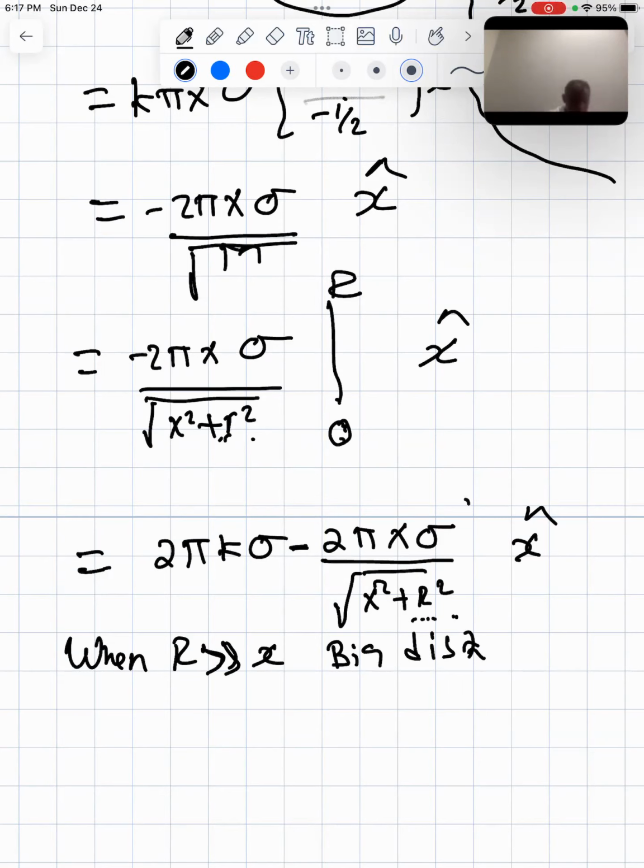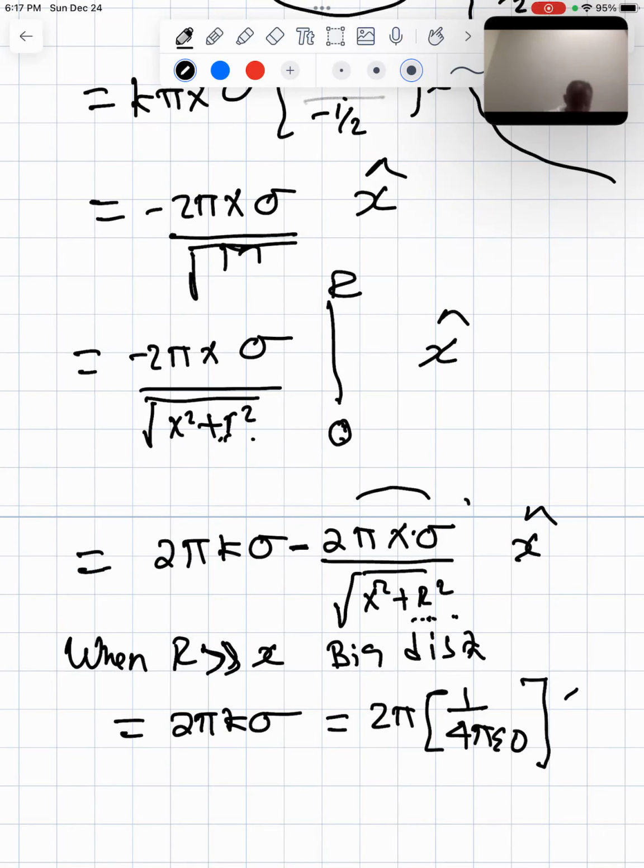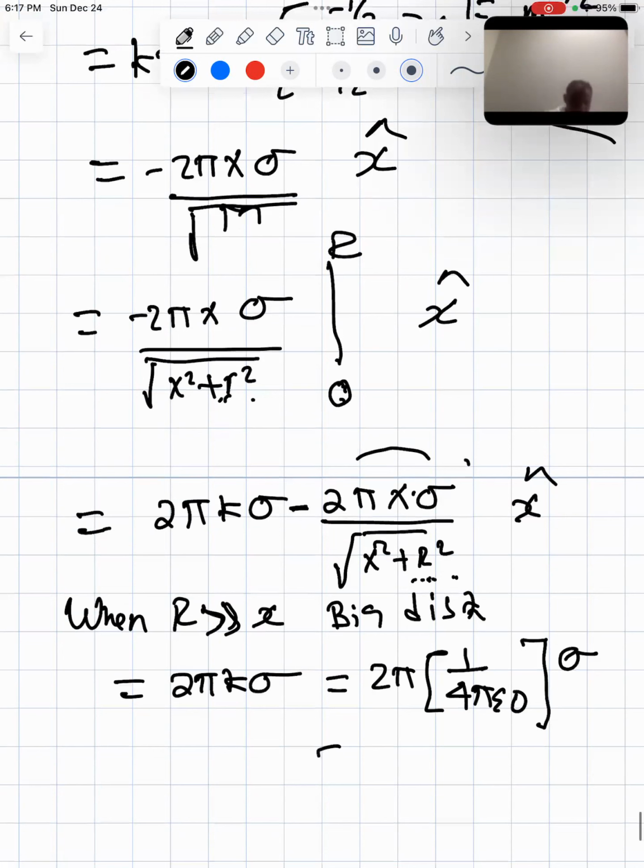When r is extremely big, this is going to be 0. So it's going to be 2 pi k sigma, because 1 over a big number is 0. So you have only this term, and then 2 pi, but k is 1 over 4 pi epsilon, that we learned before, times sigma, and then this is going to be sigma over 2 epsilon in the x direction.